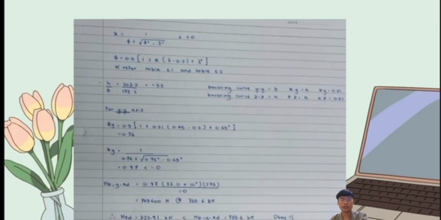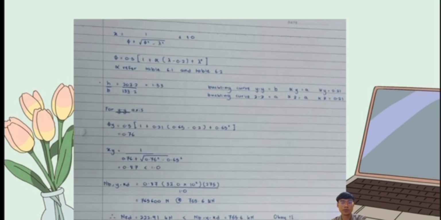First we find the value of X using the formula H over B, so we get X is 1.53, and for the YY axis we get 0.76, and next we multiply with the value X, we get the value of XY is 0.87, less than 1.0.